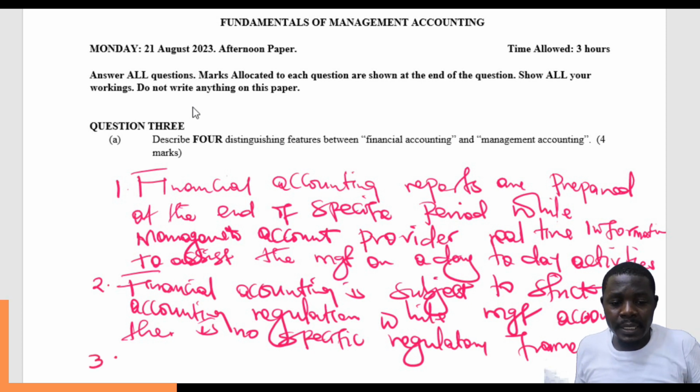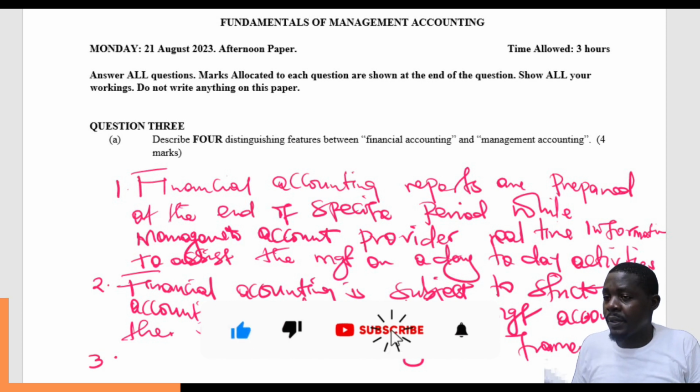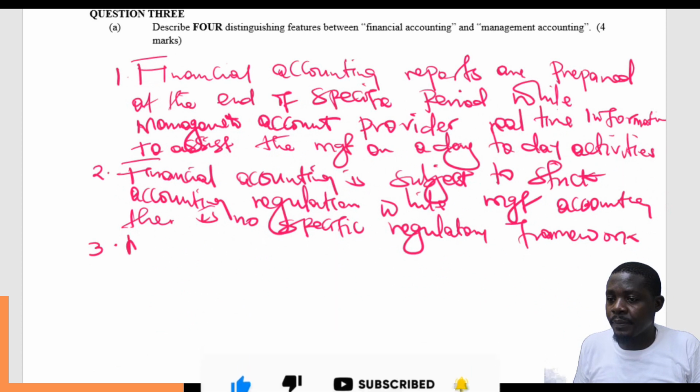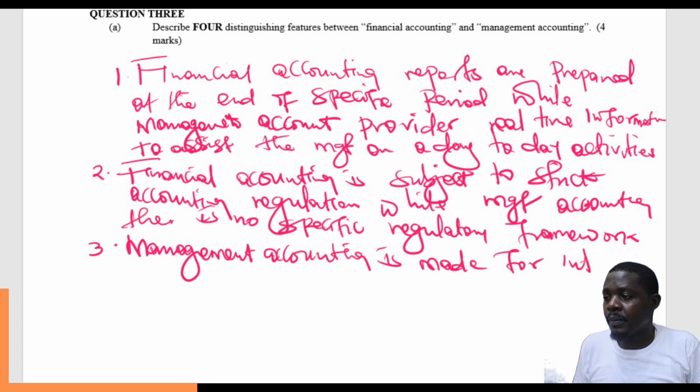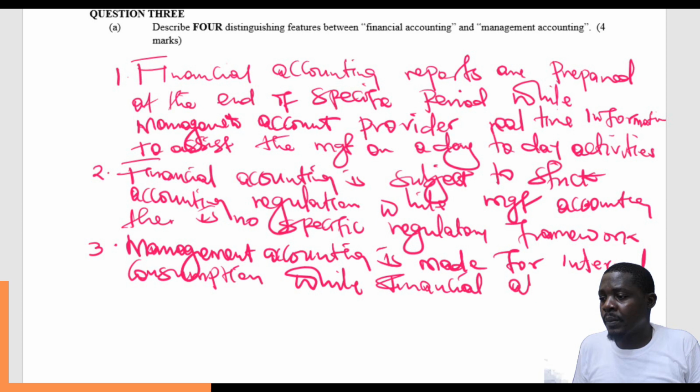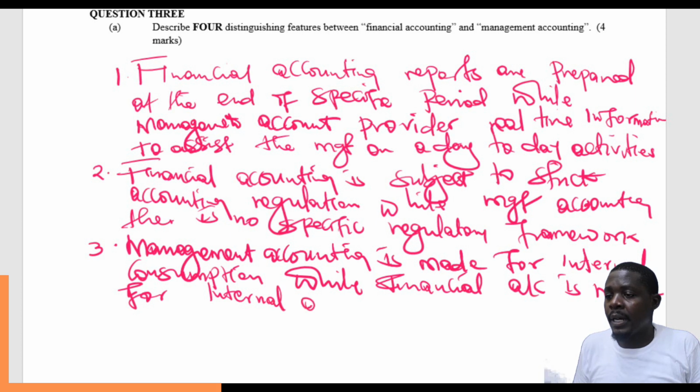Number 3, we can state that management accounting is made for internal consumption, while financial accounting is meant for both internal and external consumption.